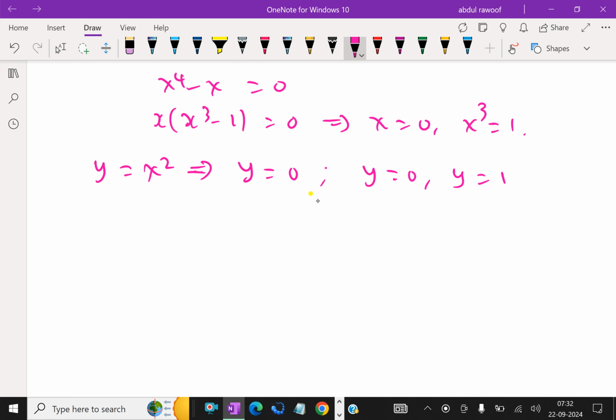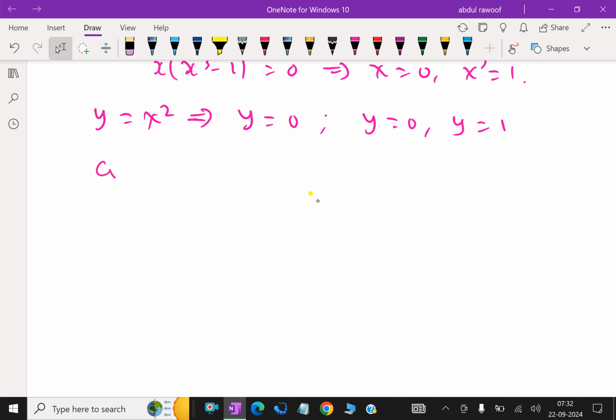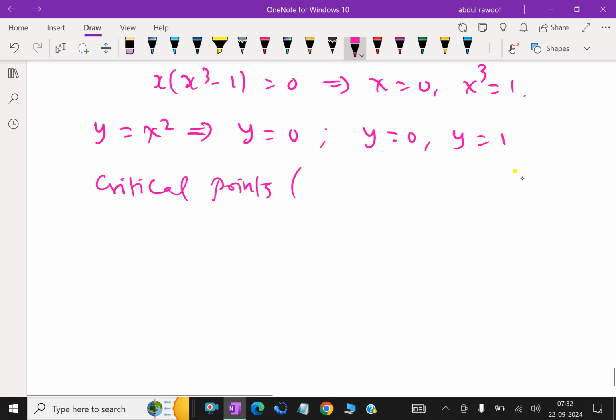We are having the critical points now. That means substituting into y equal to x squared, we get y equal to 0 as well as y equal to 1. Therefore the critical points are x is 0, y is 0, and x is 1, y is 1. These are the critical points.